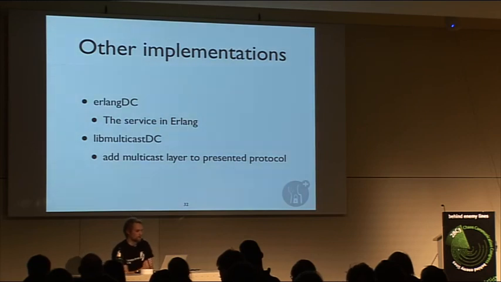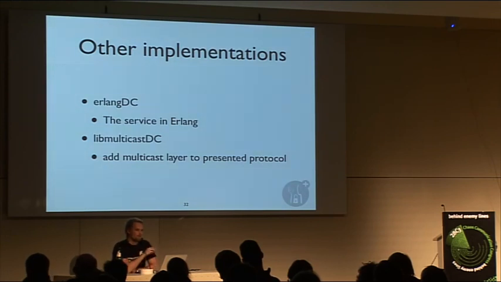And what I also did is a multicast library, which adds a multicast layer above this DC communication, because often the participants are not interested in all the global sums, but only in a few. So they can pick up a multicast channel and then only receive those messages for this channel. It's transparent.